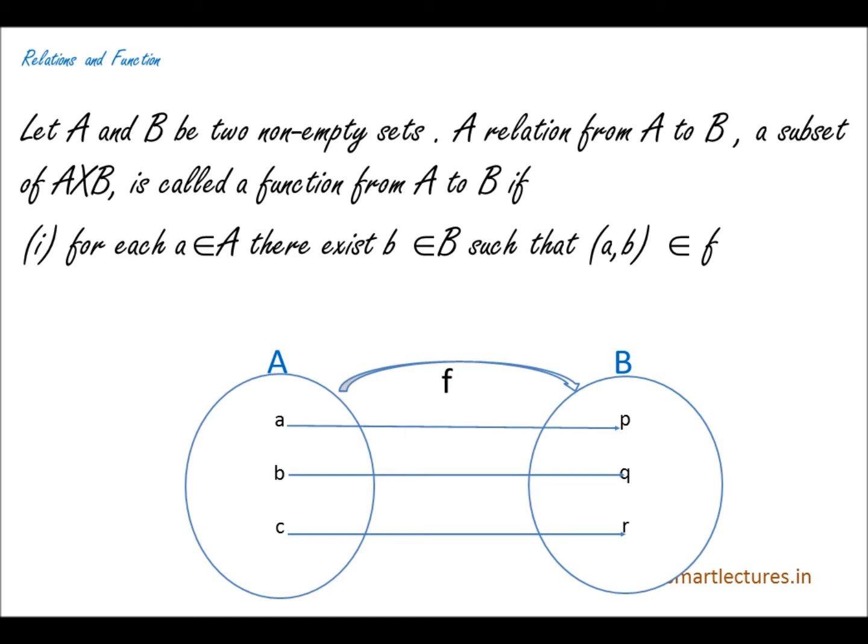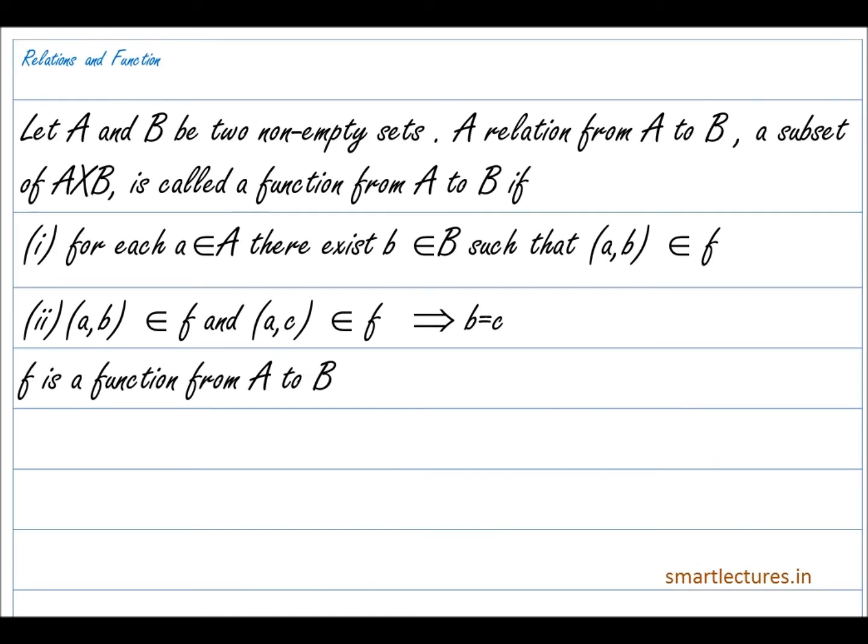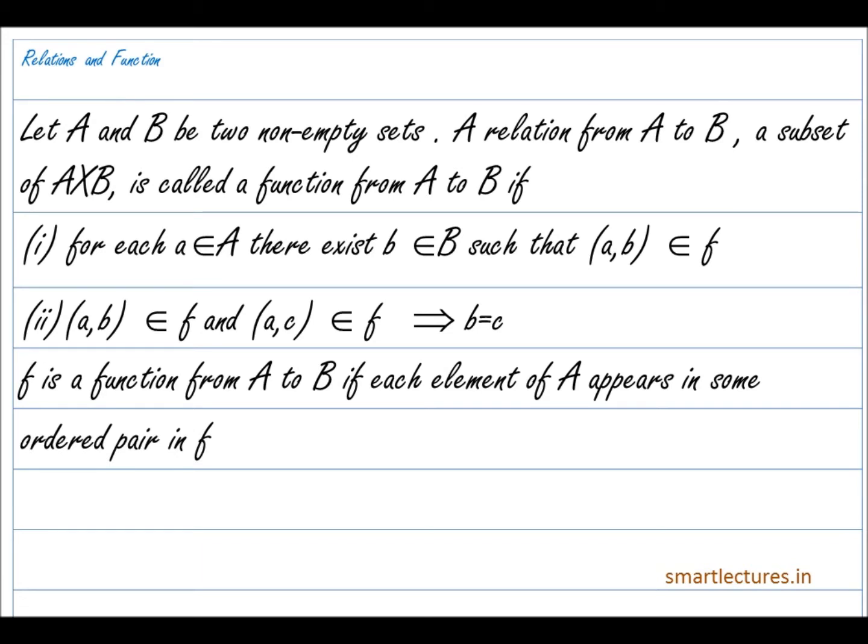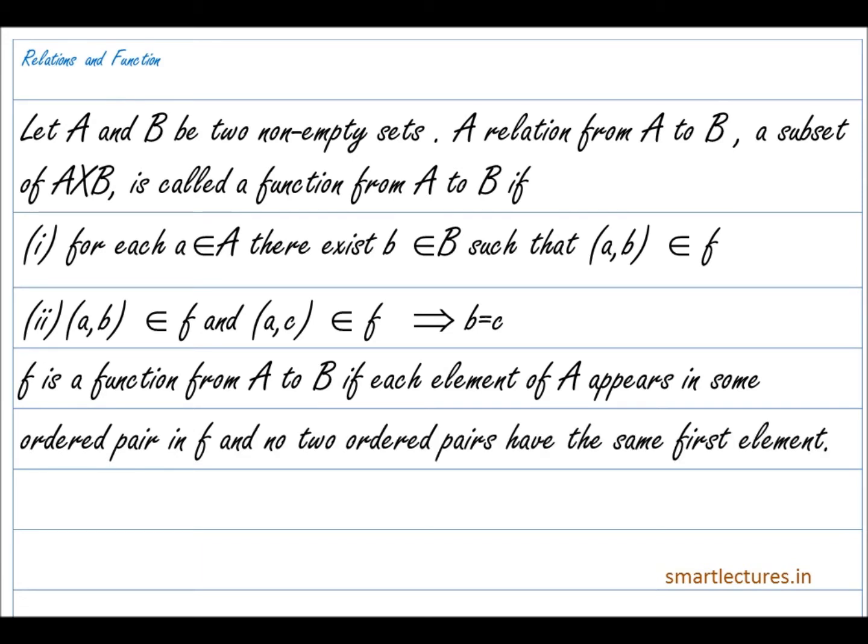And the second condition is, if any ordered pair (a, b) belongs to f and another ordered pair (a, c) belongs to f, that's possible if and only if b is equal to c. Or in other words, there is a function from set A to B if each element of A appears in some ordered pair in f and no two ordered pairs in f have the same first element.